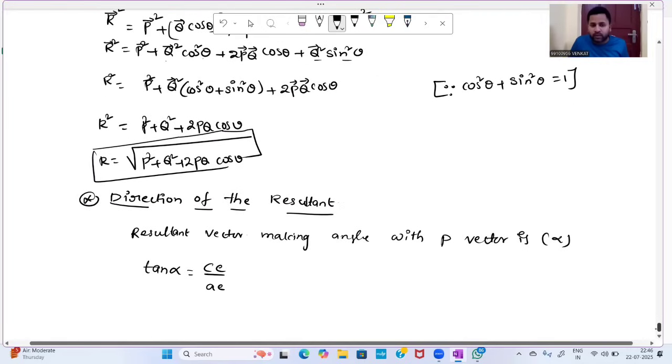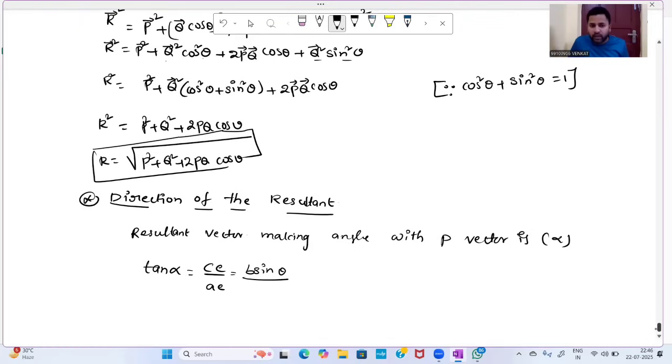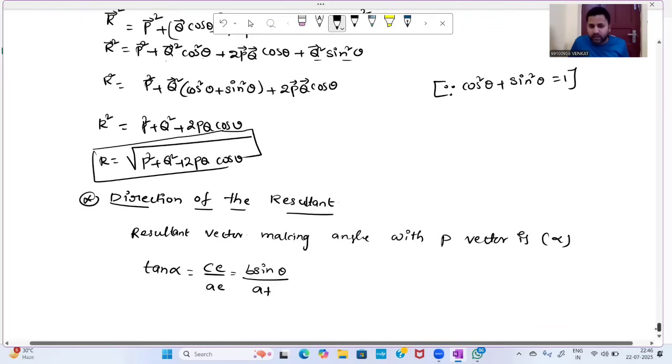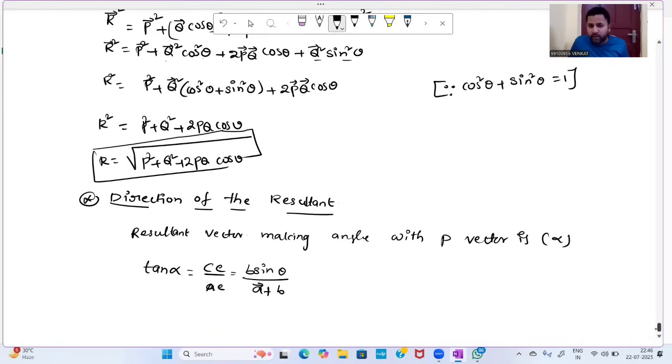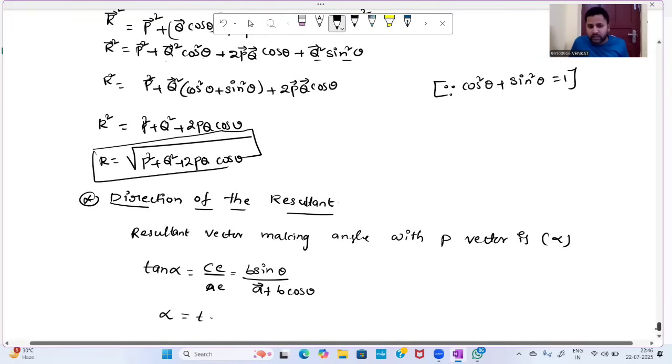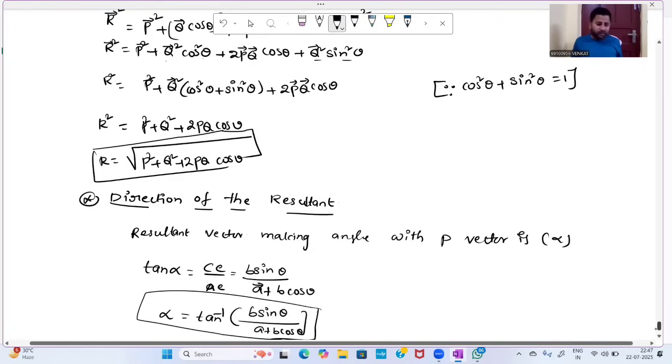CE is B sine theta by A plus B cos theta.